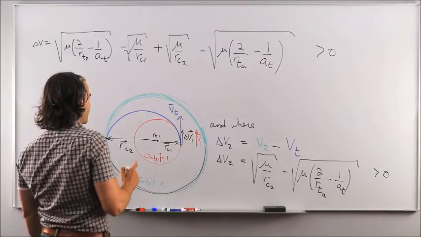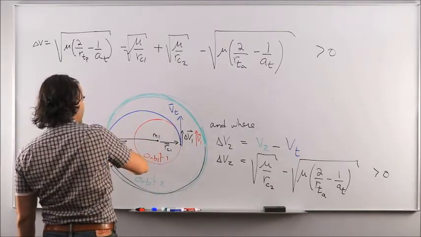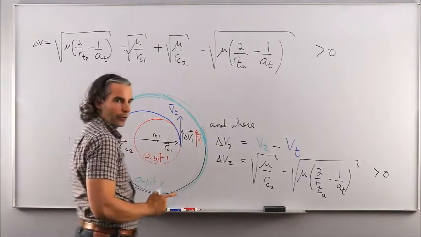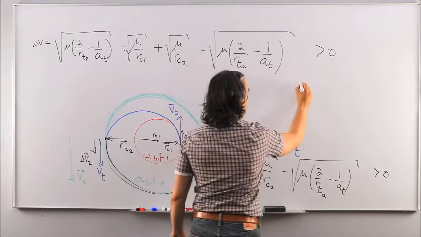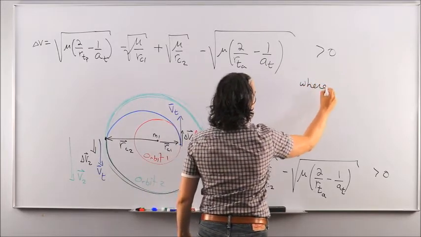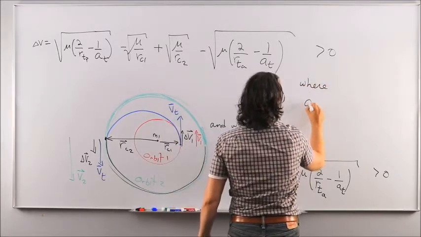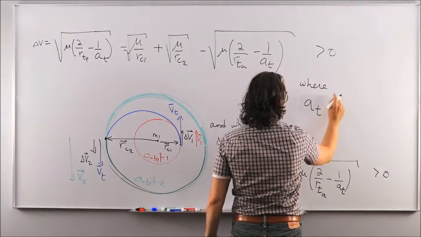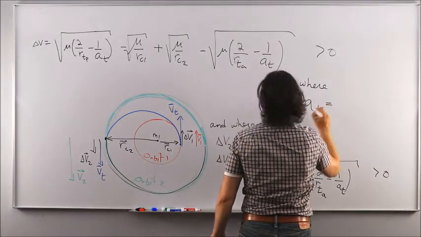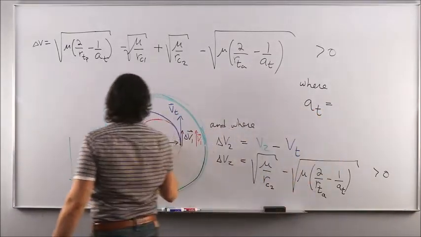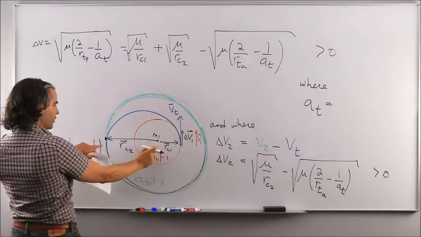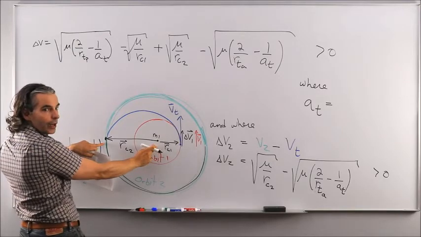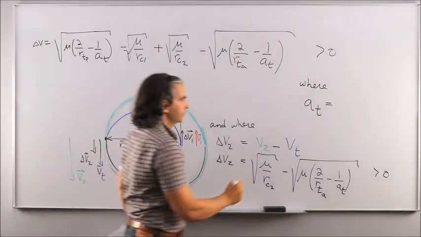One thing to realize here is that the semi-major axis of the transfer orbit will never be explicitly given to you. So it's going to be up to you to calculate it. So I'm going to say where a_T is the semi-major axis of our transfer orbit. Well, that is easy because this is simply RC1, the radius of the initial orbit, plus RC2, the radius of the final orbit, divided by 2.